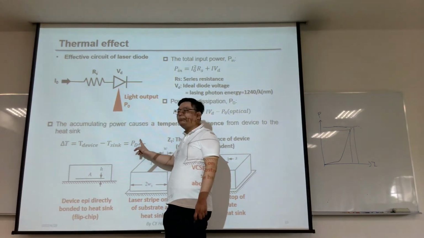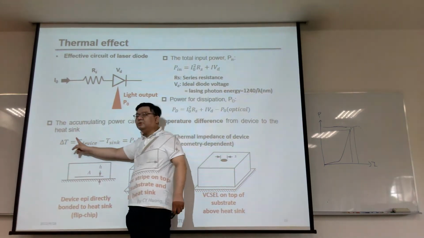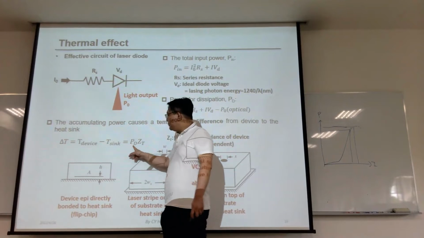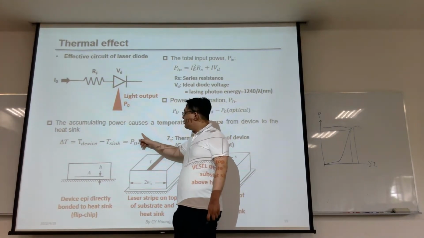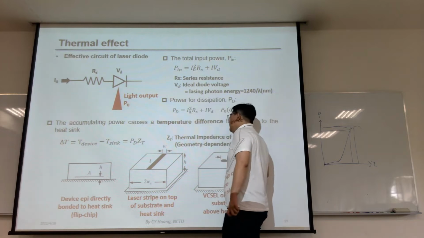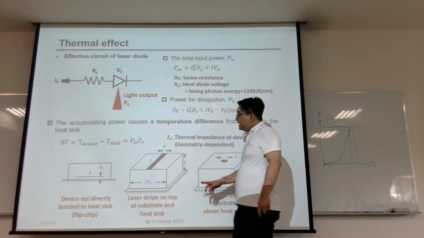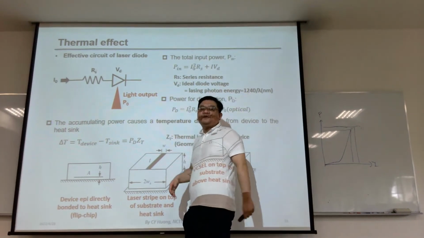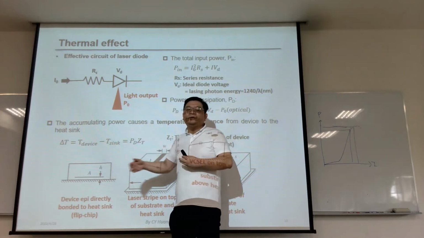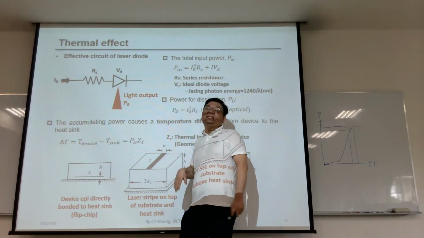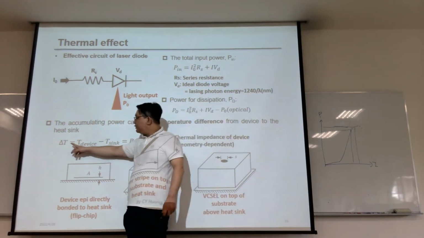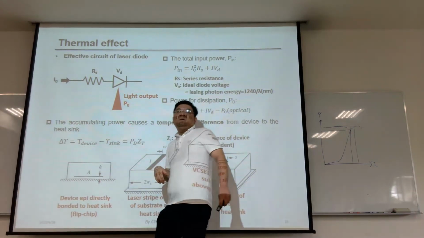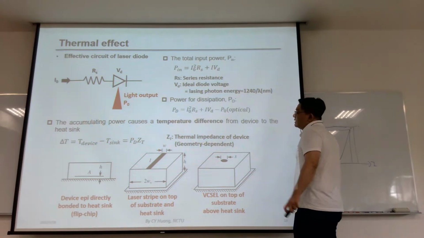If you have more power to dissipate, surely your device will have a higher temperature. The linear relationship is linked with a term called ZT, the thermal impedance. If ZT is high, that means the power cannot be transferred from your device to your sink. So it's impedance, just like a resistance. In this case, the heat will only heat up your device, so you will have a higher device temperature.